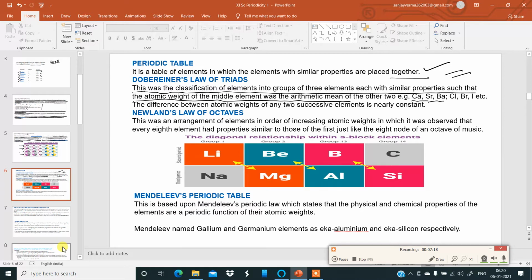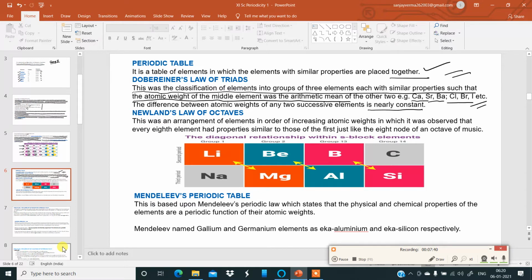So that is a triad. Chlorine, bromine, iodine is another triad. As you have seen over here, the atomic weight of the middle element was the arithmetic mean of the other two elements. Here is a very good example. The difference between atomic weights of any two successive elements is nearly constant.